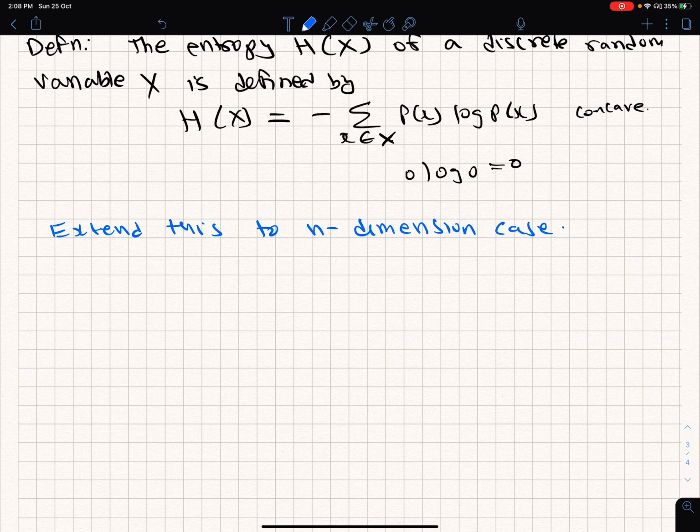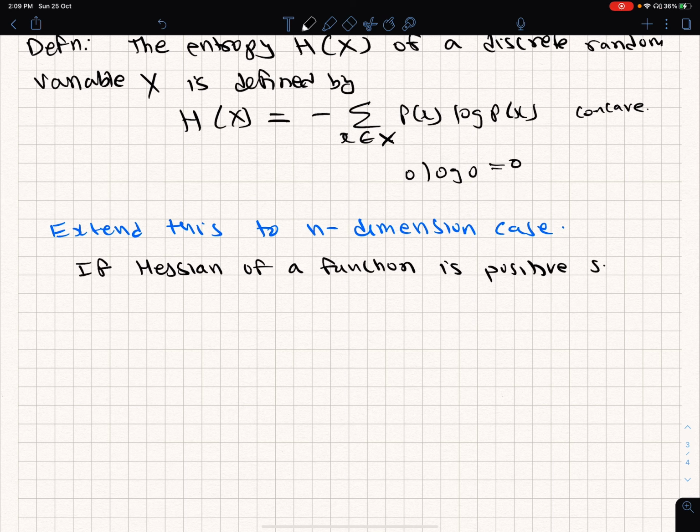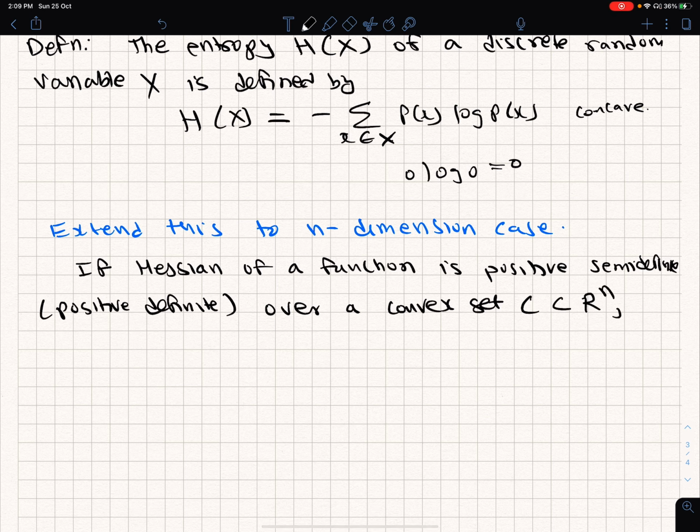In the n-dimensional case, what you have to say is that if the Hessian of a function is positive semi-definite over a convex subset C in Rn, then the function f(x) over C is convex.